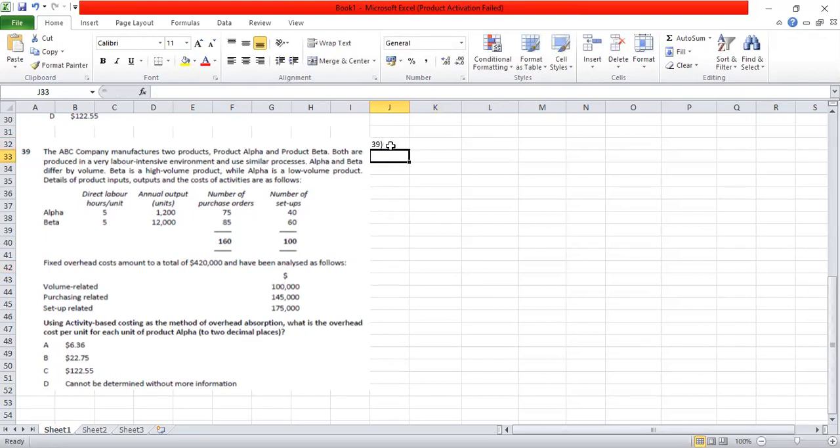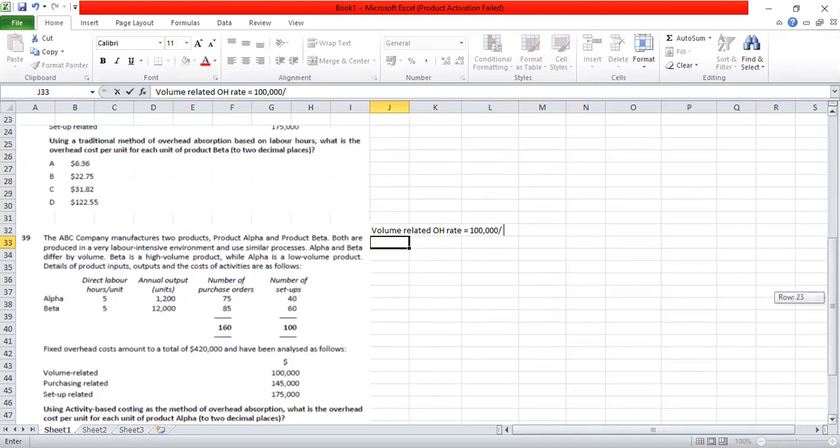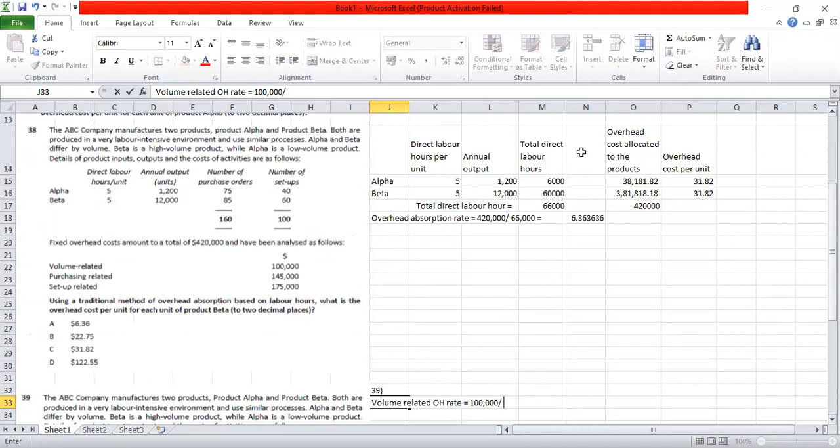So what should we do? First, calculate the overhead rates. How many overheads are there? Three. So calculate three overhead rates. First one is about volume related. Volume related overhead rate. What's the total cost? Volume related 100,000. The total direct labor hours, of course, we have calculated in the previous set. So we see that the total direct labor hours are 66,000. I will bring that table here below also.